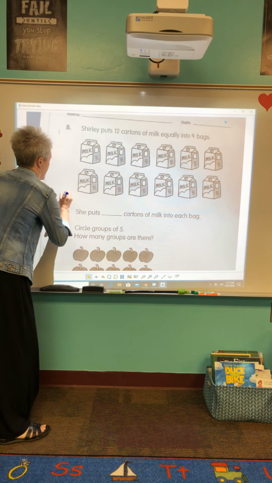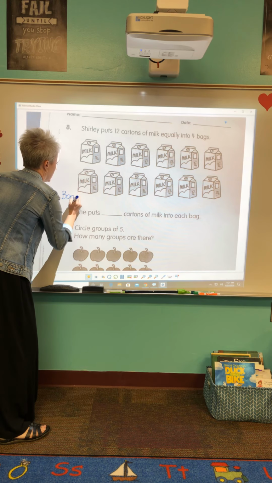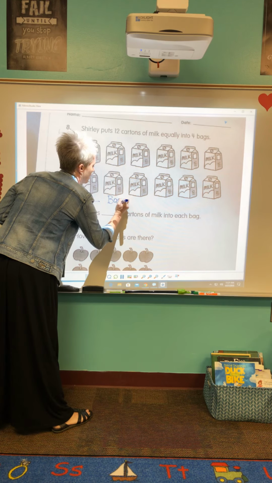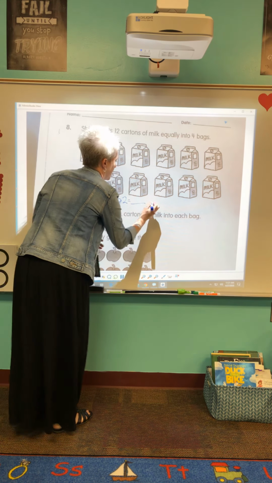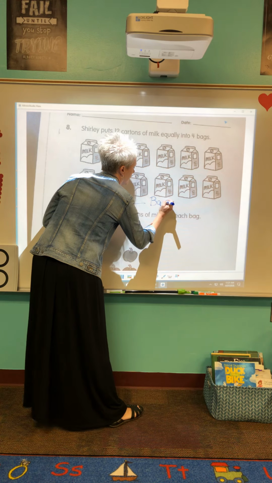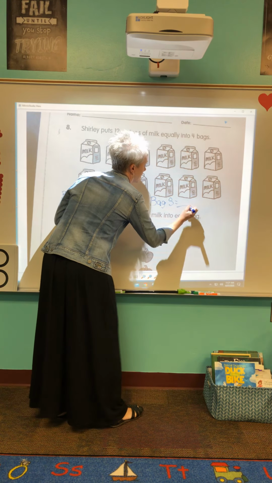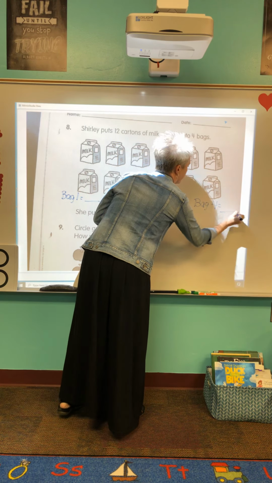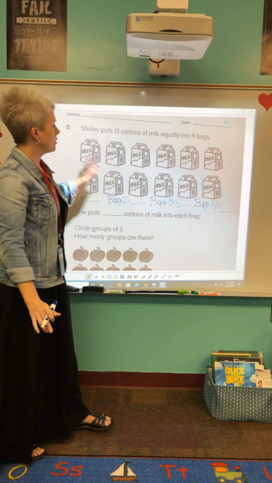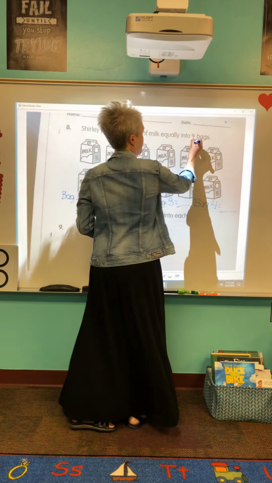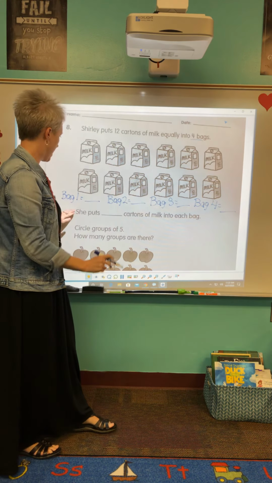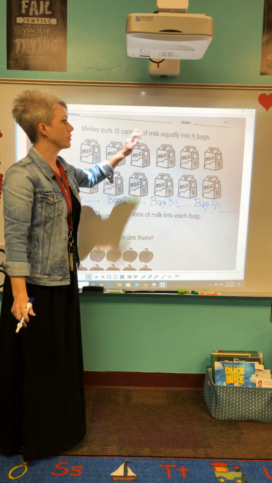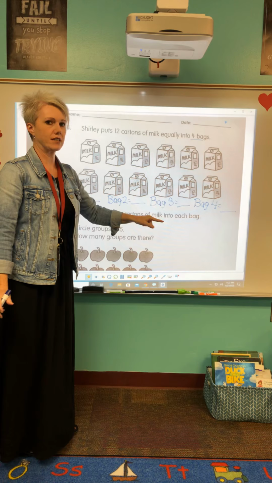This will be bag 1, bag 2, bag 3, and bag 4. Okay, because I'm going to use 4 bags. So these are my 4 bags. Bag 1, bag 2, bag 3, bag 4. Shirley puts 12 cartons of milk equally. That means each bag has to have the same amount.